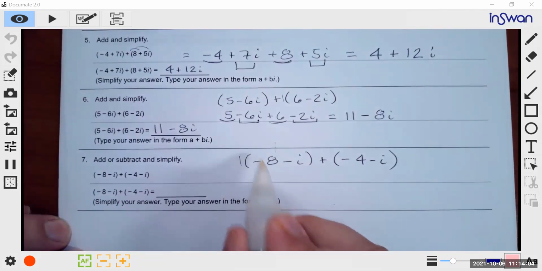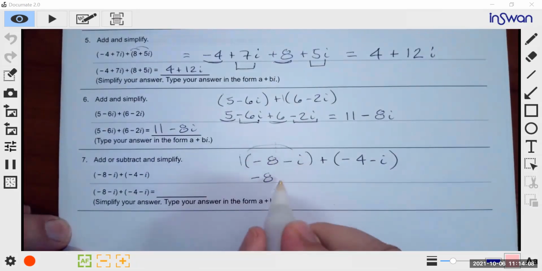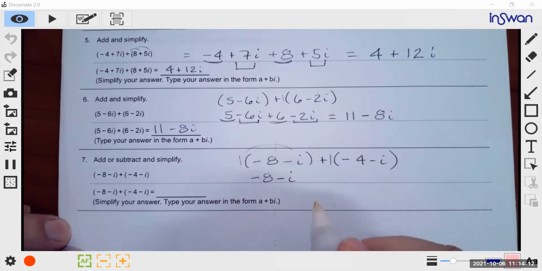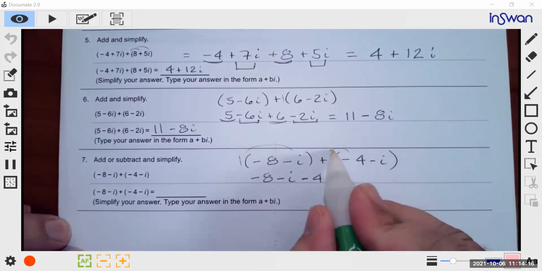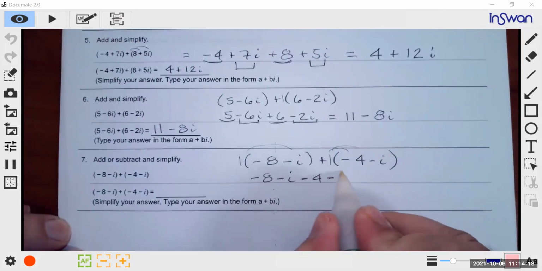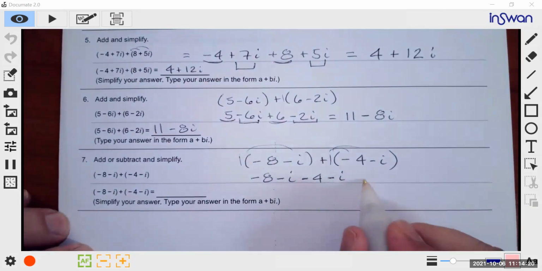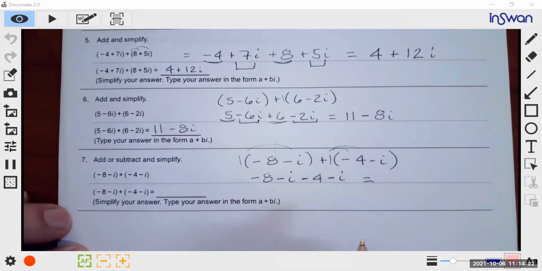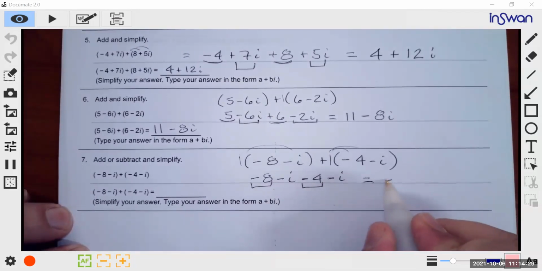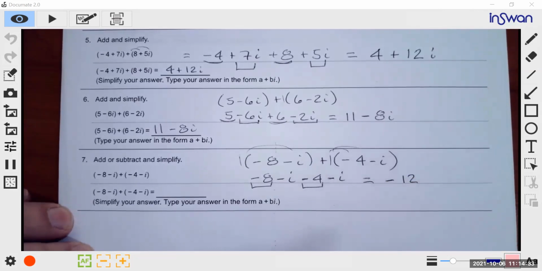There's a 1, so 1 times negative 8 is negative 8. 1 times negative i is negative i. 1 times negative 4 is negative 4. 1 times negative i is negative i. Negative 8 minus 4, they're both negative, so you add them. The answer is negative 12.